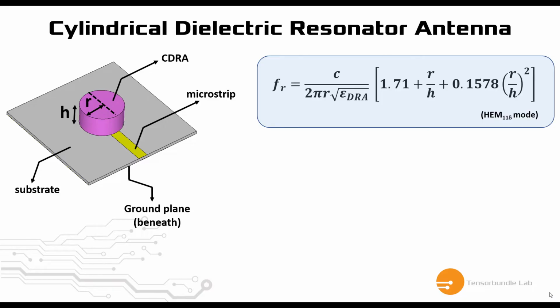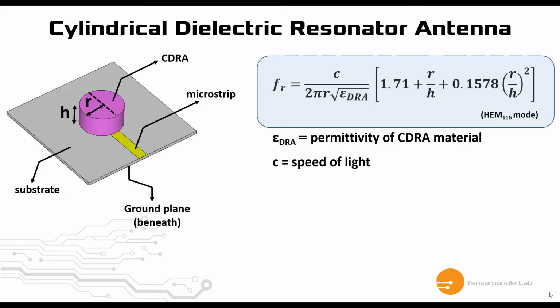Then you would be able to generate those transverse electric and transverse magnetic modes. All right. Anyway, if you want to know more about the dielectric resonator antenna, you should be able to find the material online, or even you can just look it up in any textbook.